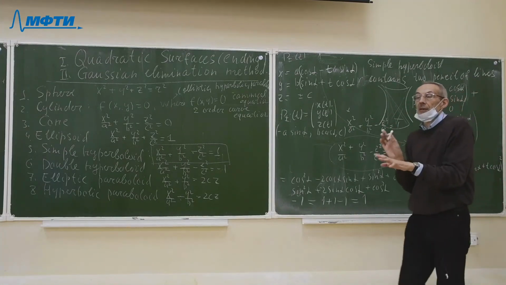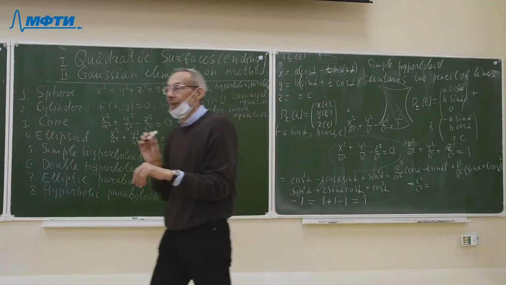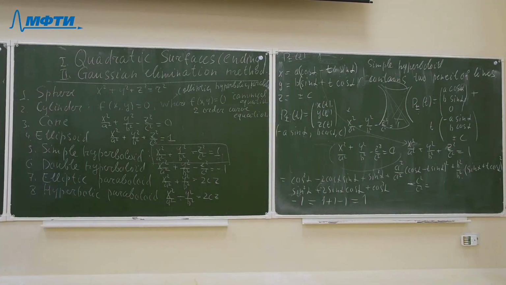We have two families of straight lines, and two straight lines from the various families intersect at any point. At various points we have various intersecting straight lines from these two families, but for any point we have two straight lines from these families which intersect at this point.